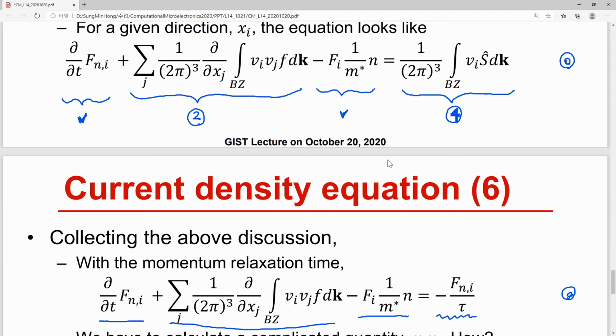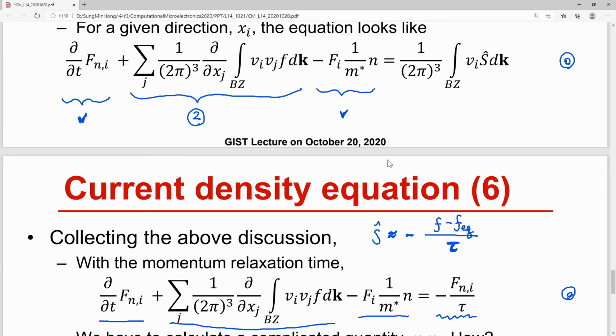In this case, we have introduced a certain approximation. Our scattering integral can be approximated as minus (f minus equilibrium f) divided by the relaxation time tau. If our S can be represented this way, then why don't we just insert it and evaluate it?